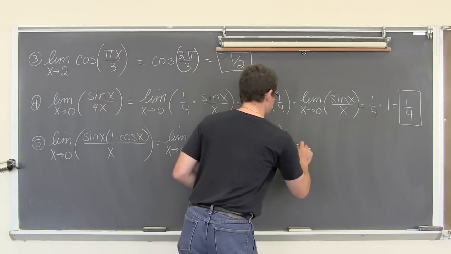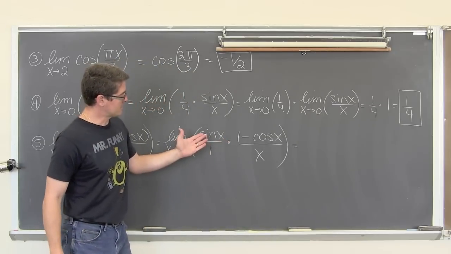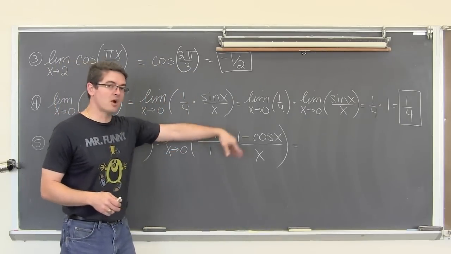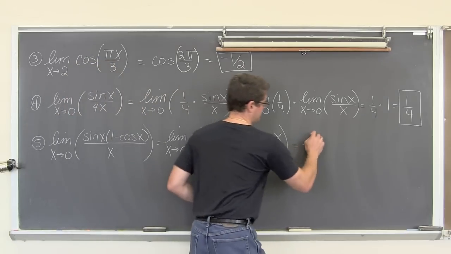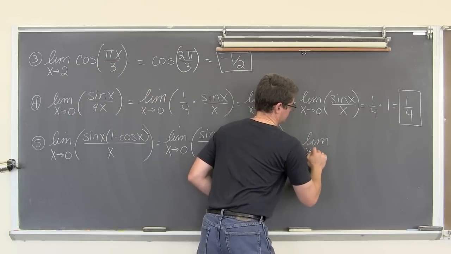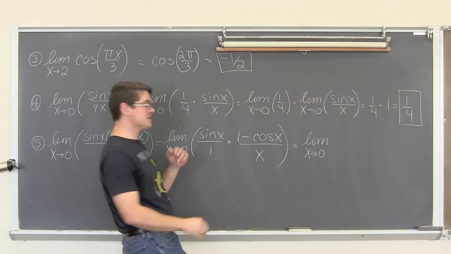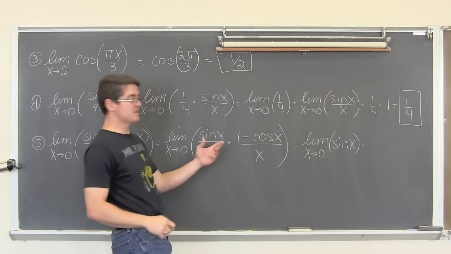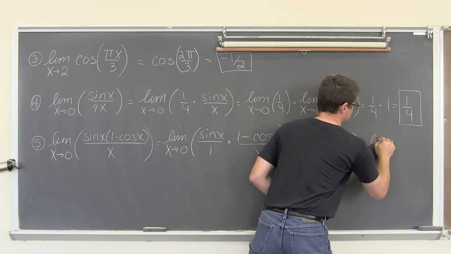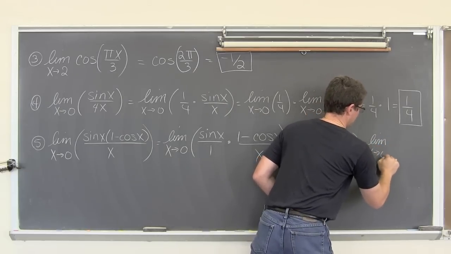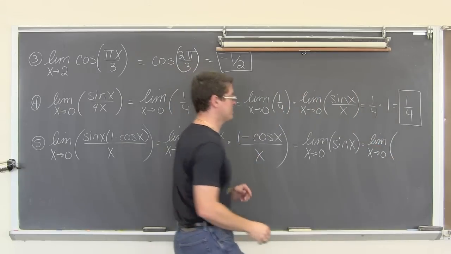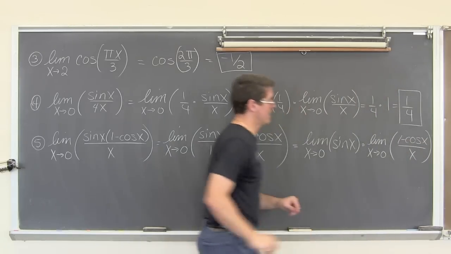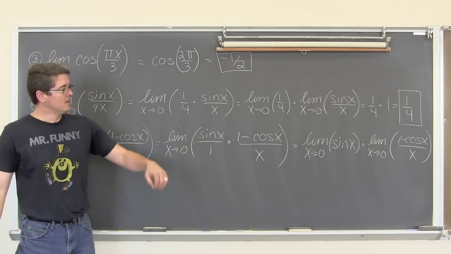So I can now take this product and find the limit of each factor: the limit as x approaches 0 of sine of x times the limit as x approaches 0 of 1 minus cosine x over x.